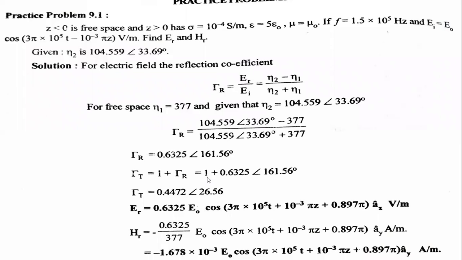Whenever you add, after that you convert that rectangular form into the polar form, and only then is it possible to get this answer, that is nothing but 0.4472 angle of 26.56. So in short, what I mean to say is that directly it's not at all possible. You need to convert that polar form into the rectangular form, then add, and then take theta 1 minus theta 2, or depending upon what you are getting, whether the plus or the minus. So in this way you will get the total.